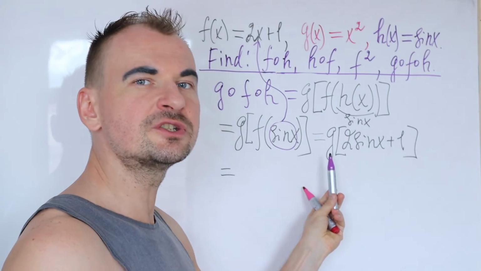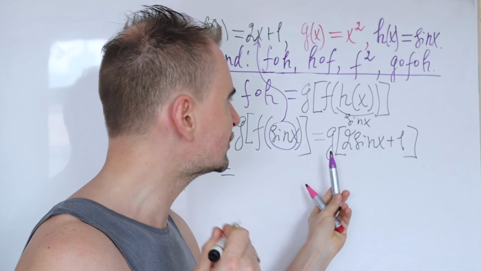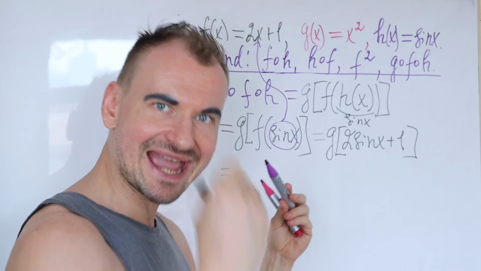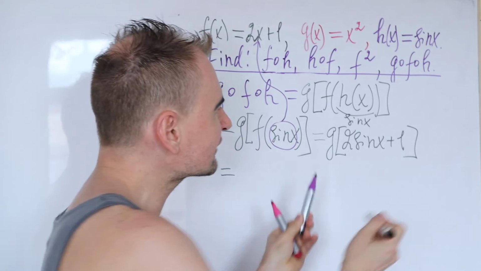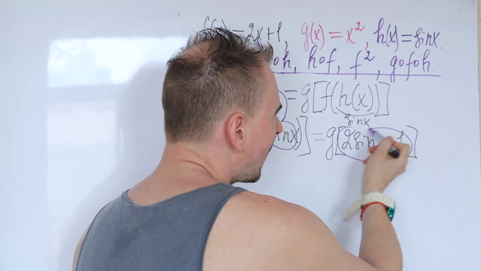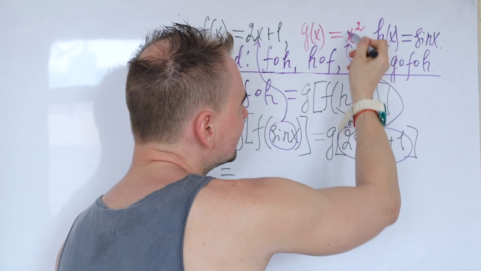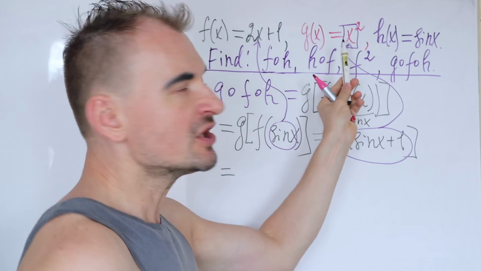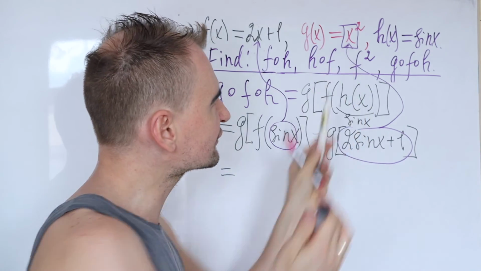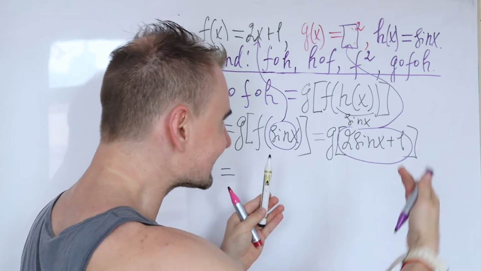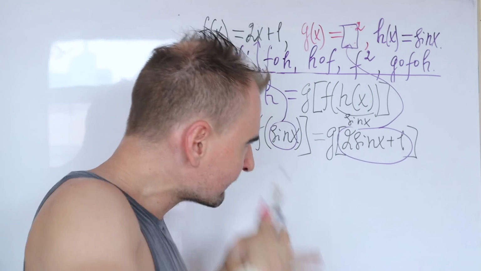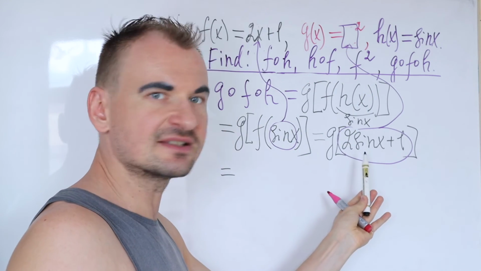And finally, we're going to apply g to that function. Since your g is squaring, x squared, instead of x, I'm going to place this entire argument. The whole expression goes instead of x. You could think of it as an empty box. We're going to remove this x from the box, and in this box we're going to put this entire expression.